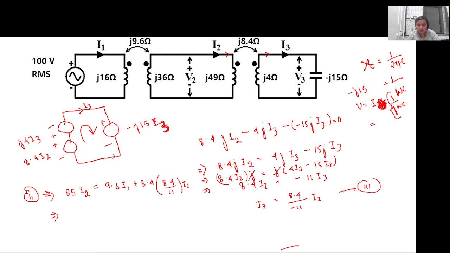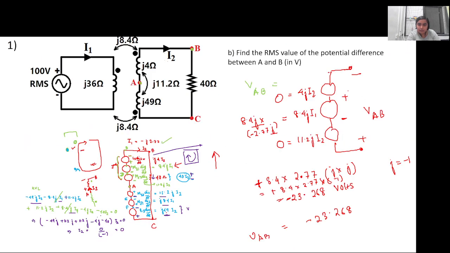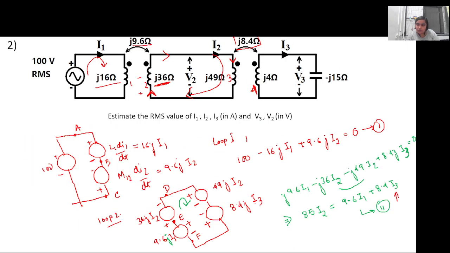While substituting in this equation, there is 85 j I2, so also we can cancel. So in this case there are no constant terms, right? So it gets cancelled. You take common and take it towards the right hand side, it will get equated to 0. Only in this particular equation we cannot cancel because it has a constant term.